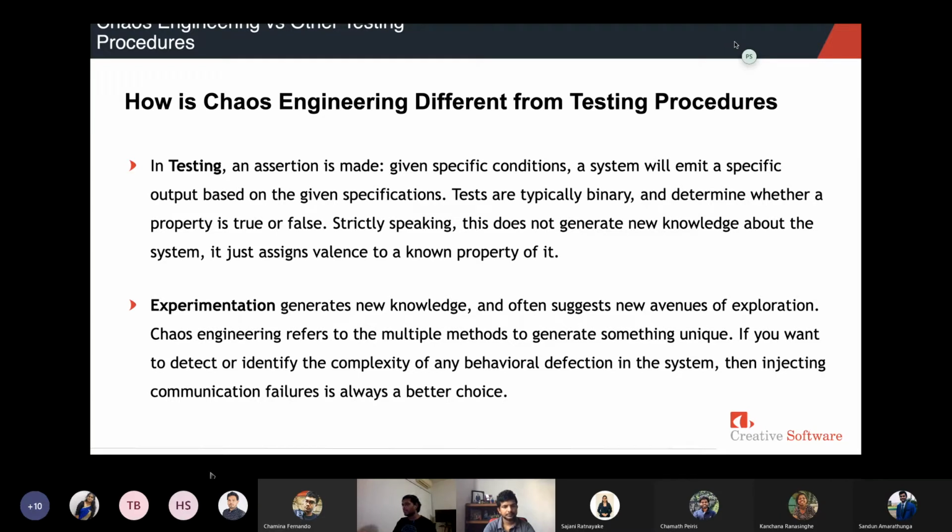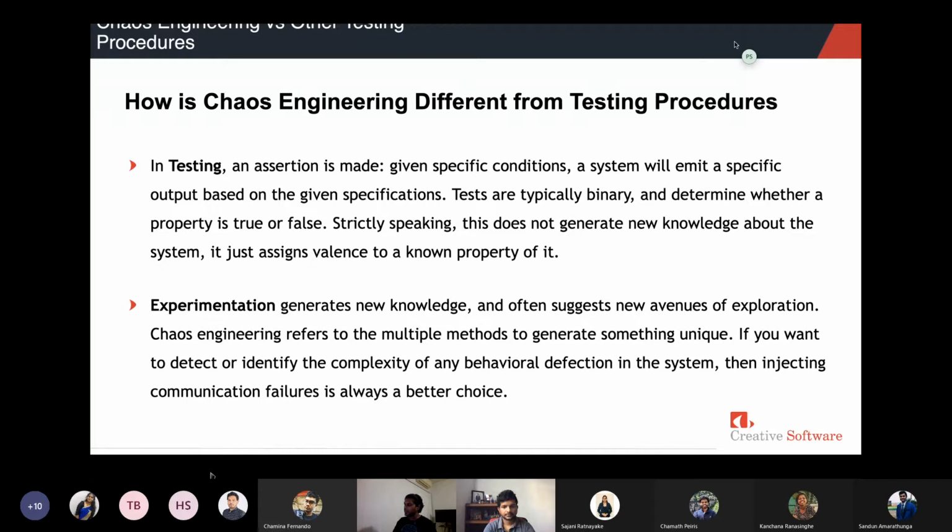And chaos engineering is characterized as experimentation, because it creates new knowledge and you don't know what outcome, what events chaos testing would create in your production environment.